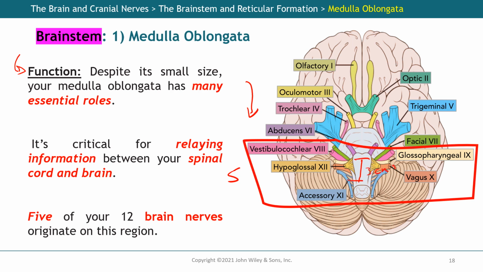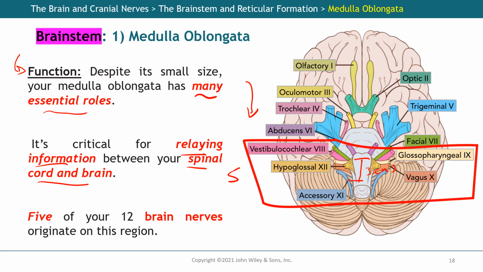So despite this very small size, the medulla oblongata has many important roles, and one of them is receiving and sending information from the spinal cord to the brain. So it's a fundamental structure that allows the connection between these two areas of the central nervous system.